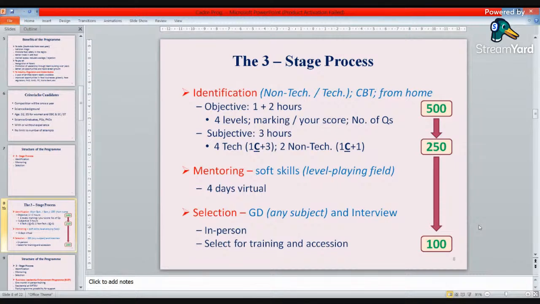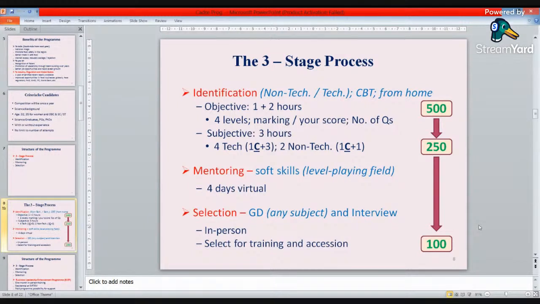We show you the photograph of MS Swaminathan, and we say identify the personality. Or there may be true-false questions. Then technical and non-technical both. And I'll explain what technical and non-technical are. Technical, of course, you understand. Non-technical, I'll explain in a couple of slides.